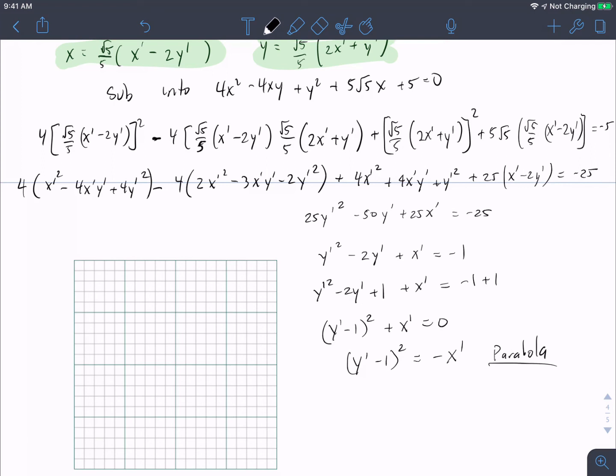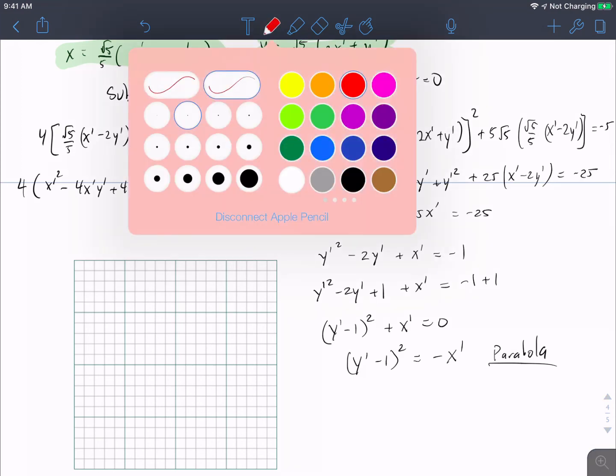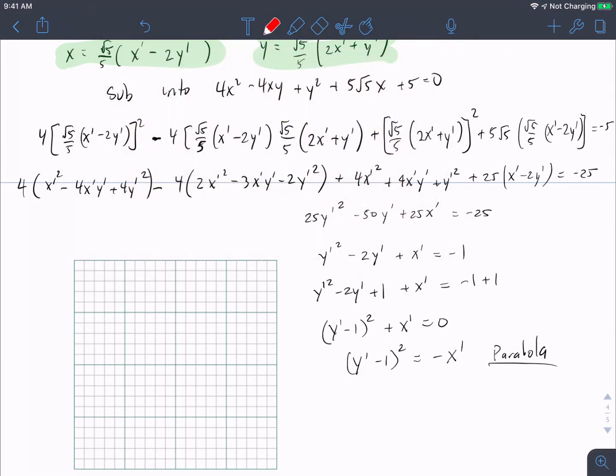And so the rotation that we got was 63.4. Obviously I'm not going to be perfect in my sketch, but it's a 63.4 degree rotation. So let's just say it's something like this. Oh, that's terrible. It should be perpendicular to that line.